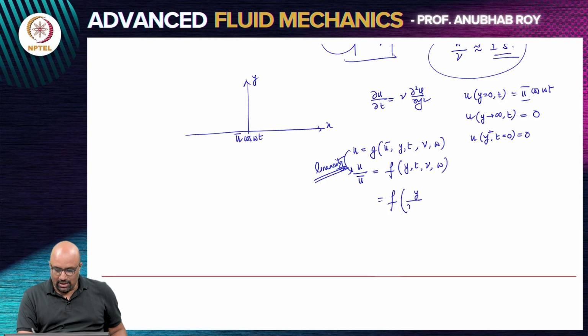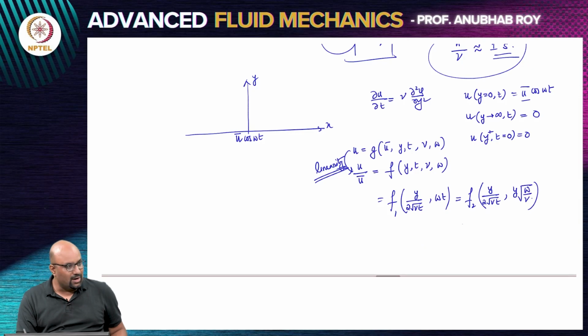So here there is one dimensionless group which is y by 2 root nu t, which we have already worked out as a solution. Now the other dimensionless group, you could either write it as omega t, or, so I am giving all possible combinations. So you can write it as a function f1 of these quantities, or you can write it as a function f of y by 2 root nu t, y root omega by nu.